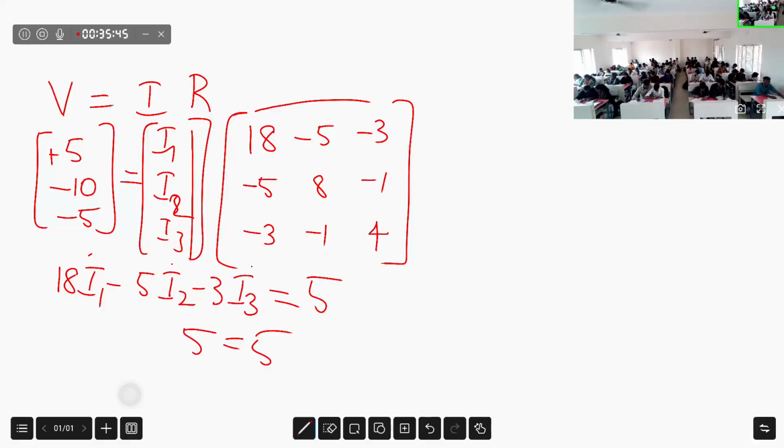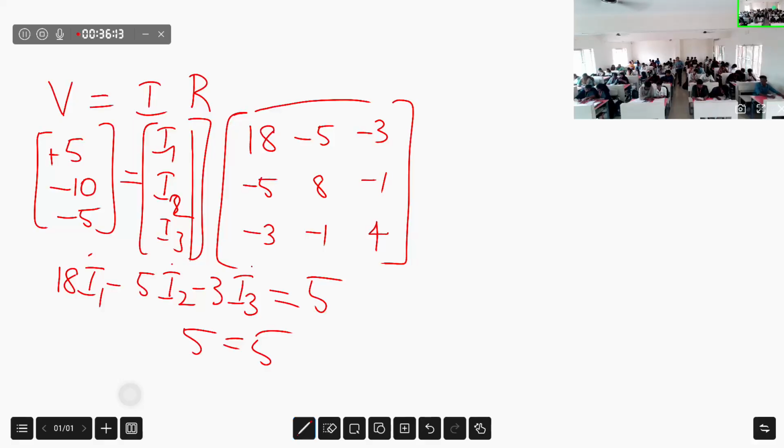Okay. How many voltage sources are given? Only 2. So what about the third? Only two sources are there? So take V1 for I1, V3 for I3. Then where will 0 come? Instead of V2 put 0. Understand? In the matrix we need three voltage values, and they have given only two sources.